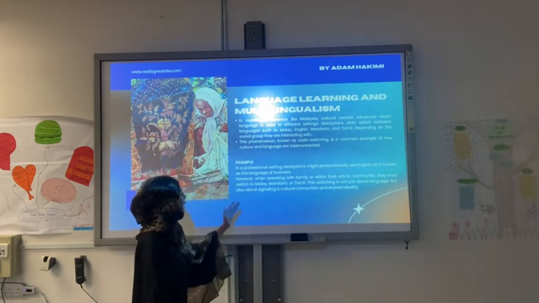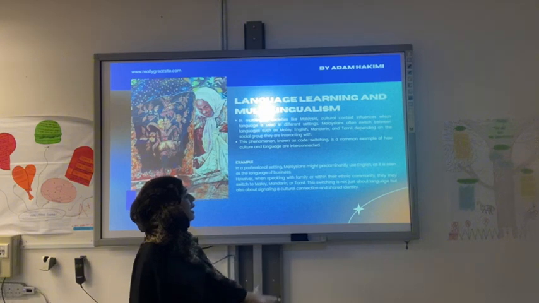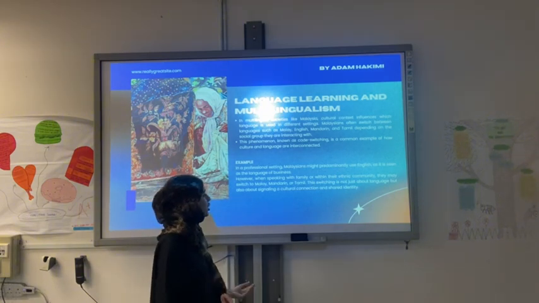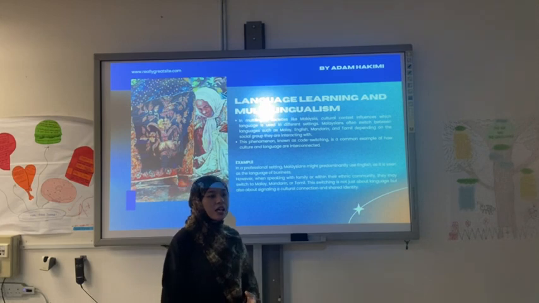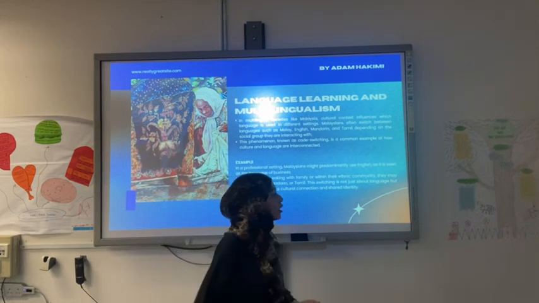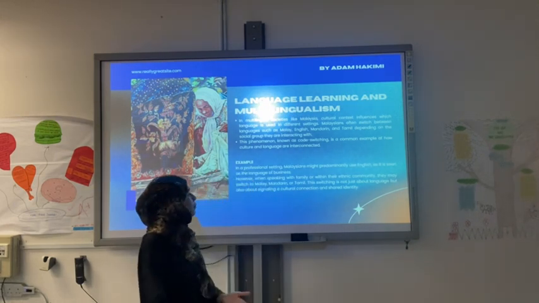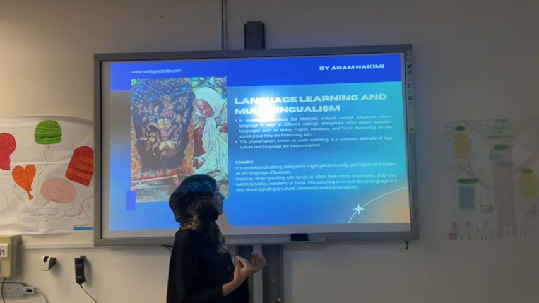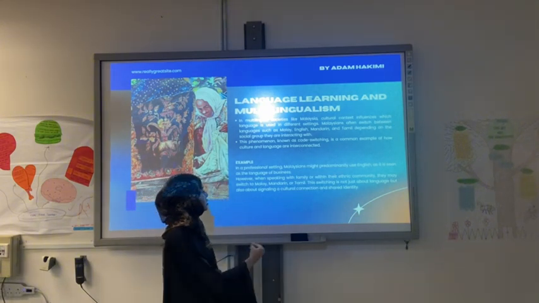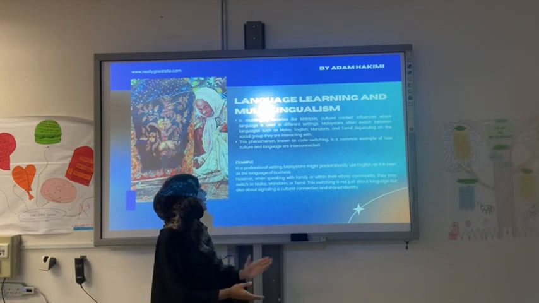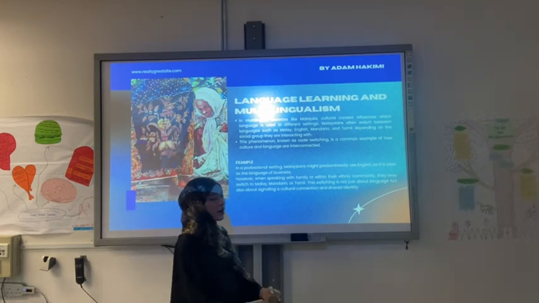For example, in a professional setting, Malaysians might predominantly use English as it is seen as the language of business. It is a lingua franca. It is generally known by everyone around the globe. But when speaking with family or within our ethnic community, they may switch to Malay, Mandarin or Tamil. This switching is not only about language but also about signaling a cultural connection and shared identity.